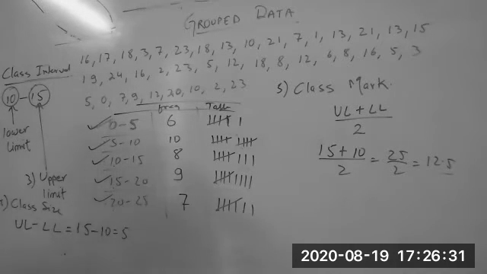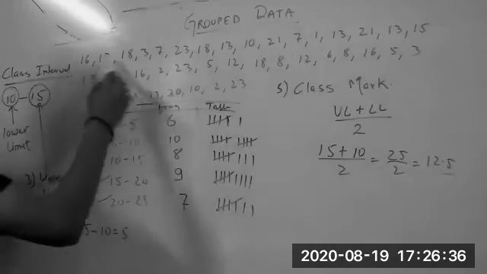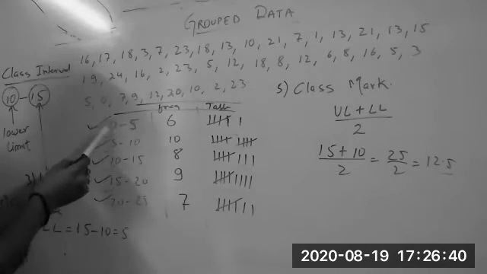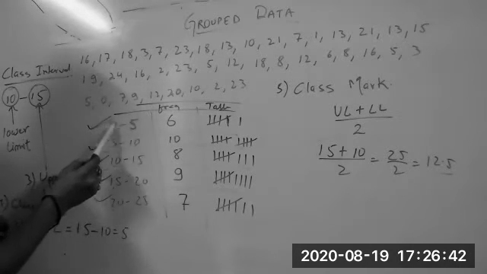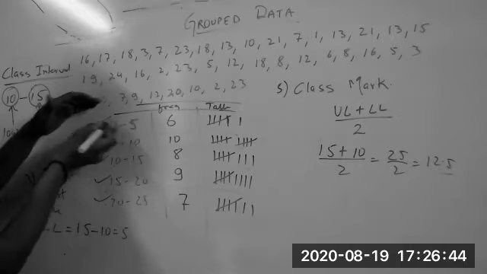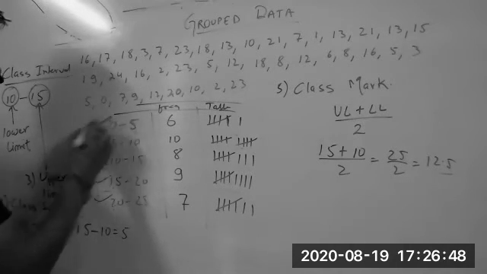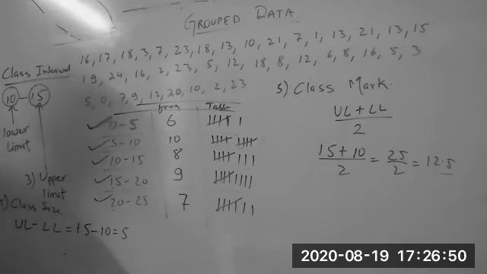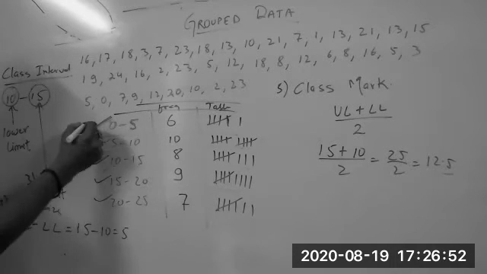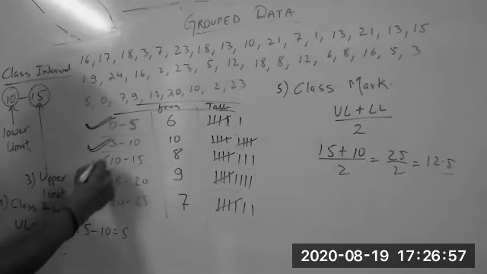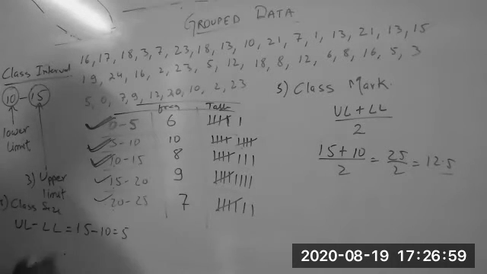So again I am repeating, this was ungrouped data. We made grouped data, that is 0 to 5, 5 to 10, 10 to 20. This grouping of data is known as class interval. 0 to 5 is a class interval, 5 to 10 is a class interval, 10 to 15 is a class interval.